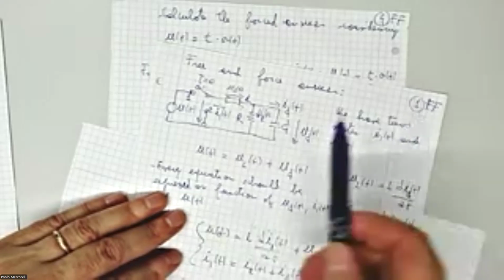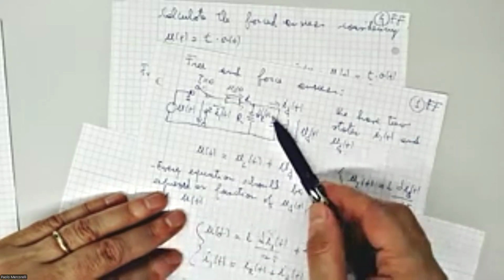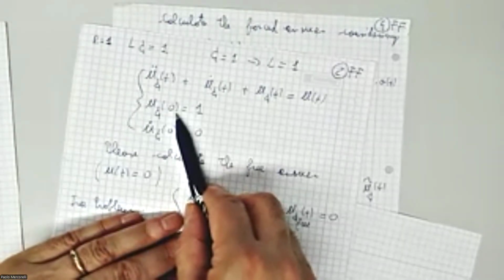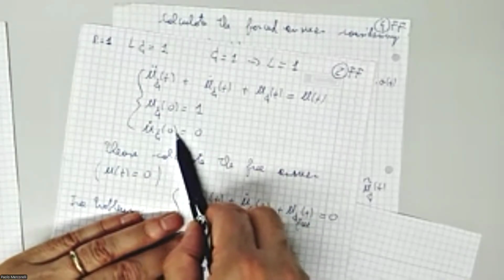But think about it, as I told you at the beginning, so we clarify again the concept of the free answer: we are considering the initial condition, the voltage here, the current here, or energy, do you remember, as a possible cause, as a possible input, but an internal input. This means as if I put here 0, again UC at 0 minus equals UC at 0 plus, and the UC derivative at 0 minus equals the UC derivative at 0 plus equals 0.